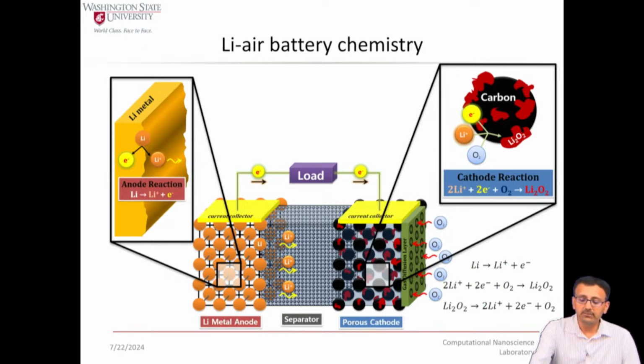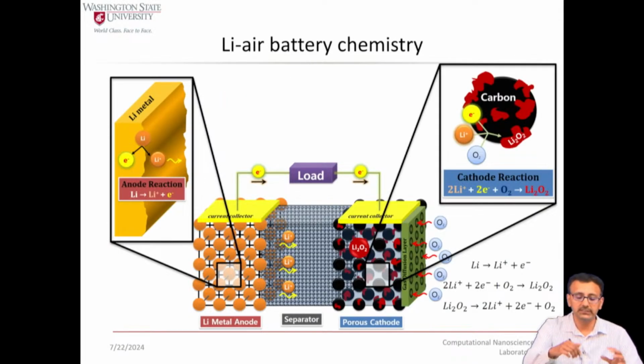And it's a breathing battery because you have a gas diffusion layer which breathes in oxygen from the ambient. The chemistry is that during the discharge cycle, the lithium ionizes, and then it flows through the separator electrolyte medium to the cathode and chemically reacts with the oxygen to form various lithium oxides, lithium peroxide, superoxides, etc. This process continues during discharge.